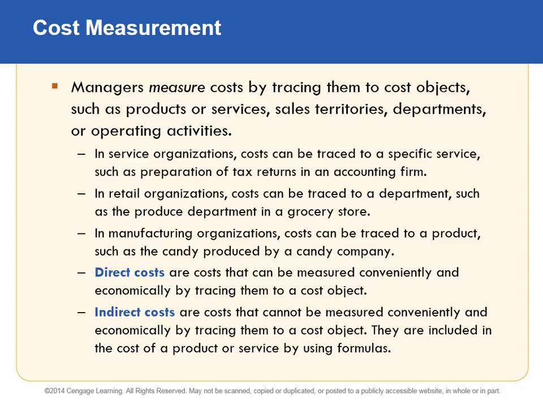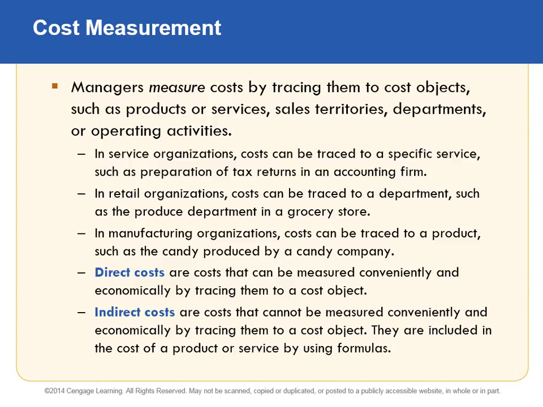And also you have indirect costs. Those are costs that cannot be measured conveniently and economically by tracing them to the product. They are included in the cost of the product or service by using formulas. Those are not traced, they are allocated. Tracing is easy: you know what the direct material cost is, and you know what the direct labor cost is.